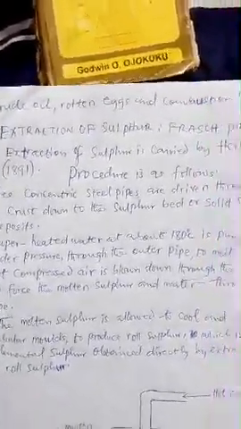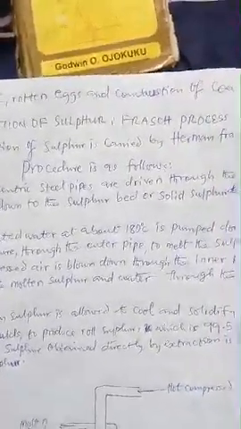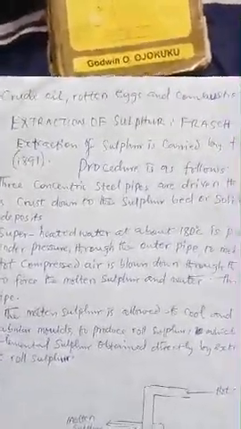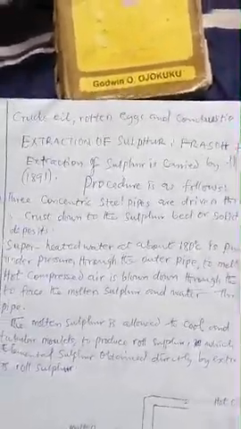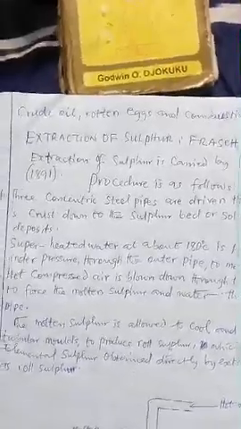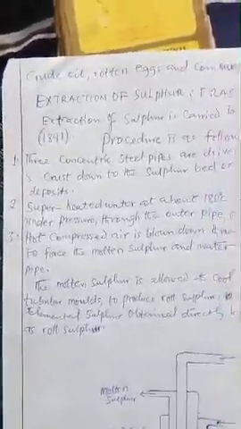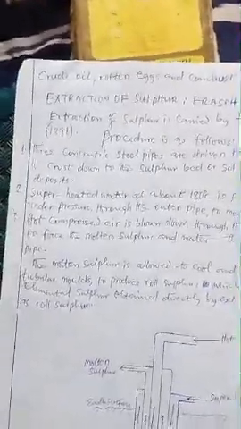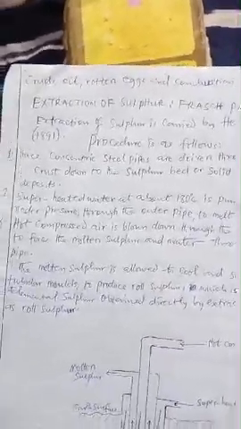Extraction of sulfur is through the Frasch process. Extraction of sulfur was carried out by Hermann Frasch in 1891. The procedure is as follows. First, 3 concentric steel pipes are driven through the earth crust down to the sulfur bed or solid sulfur deposit.